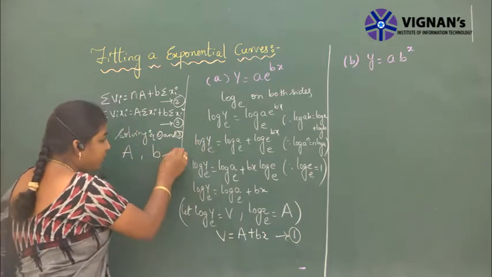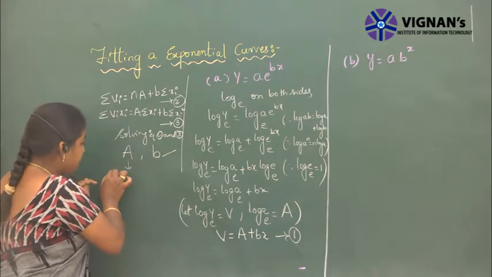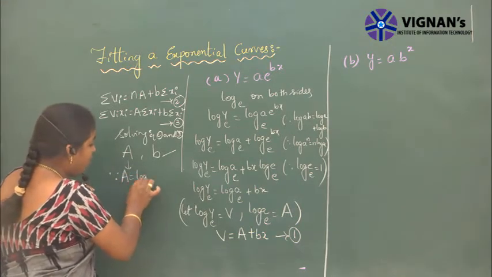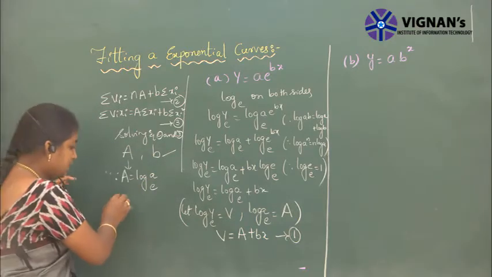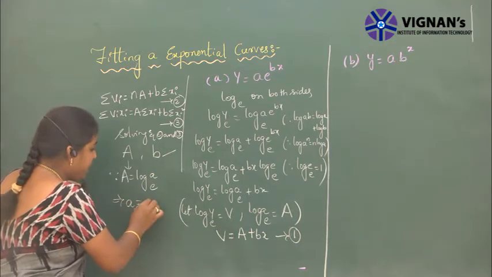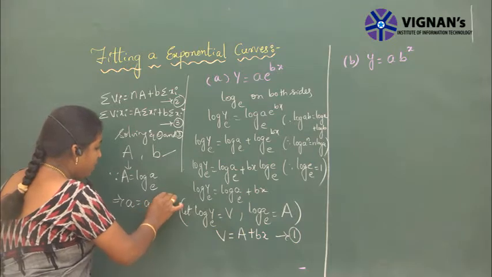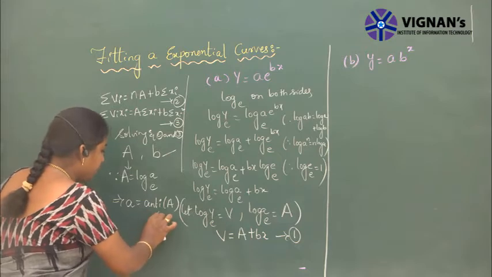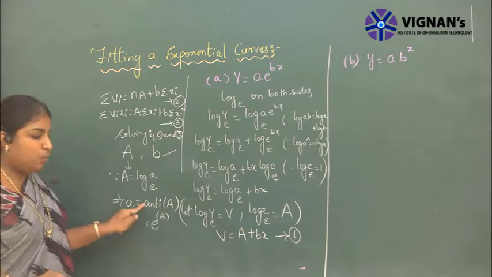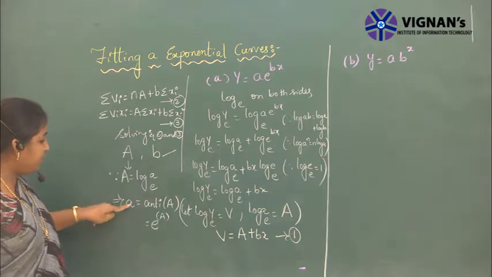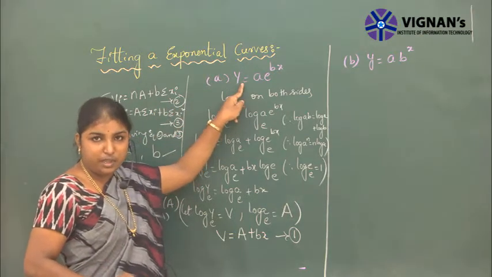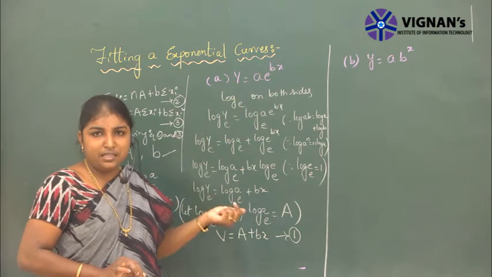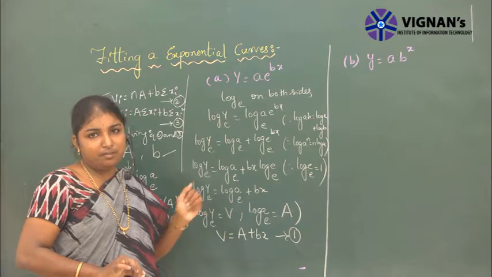Since small b we are getting, for getting small a, we know that capital A is equal to log a base e. This implies small a can be written as the antilog of capital A, which is e to the power of capital A. This small a we substitute in the given equation y equal to a e power bx, and we get the exponential curve for the given data.